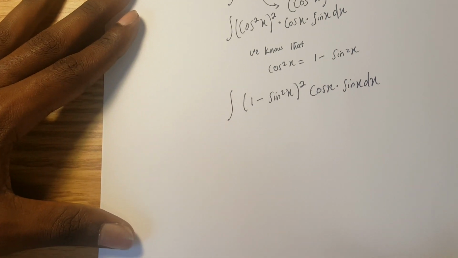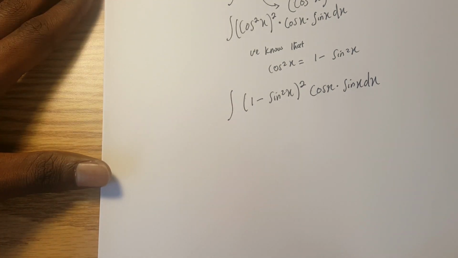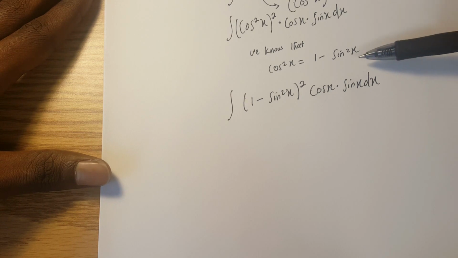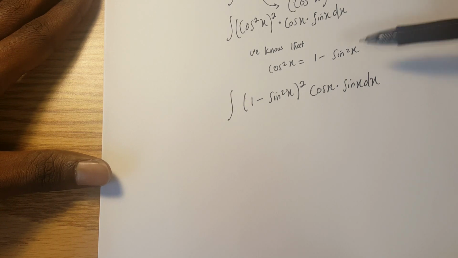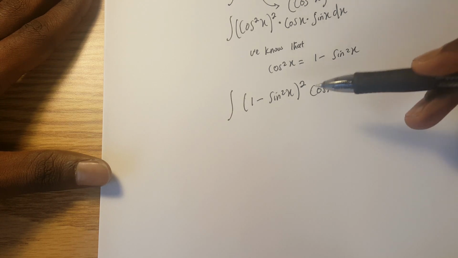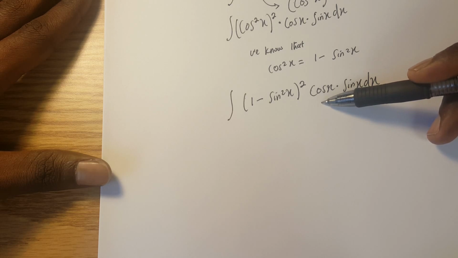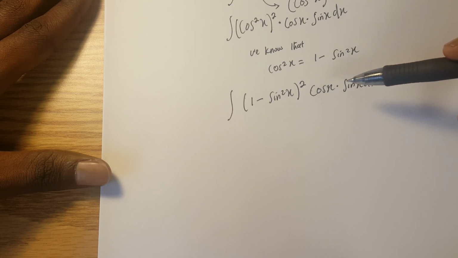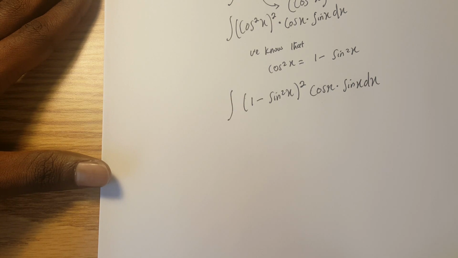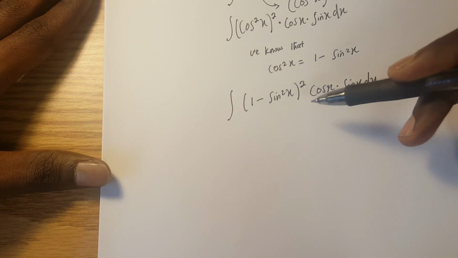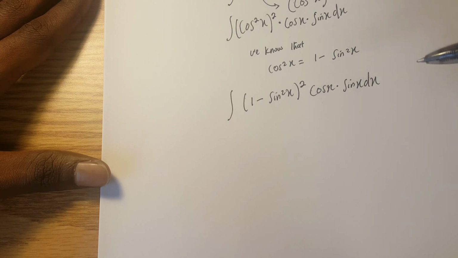So at this point, we will go ahead and do our u substitution. Usually we let our u be equal to what we substituted for. So we will let u be equal to sine x, because if you differentiate sine x, we get cosine x, and that is the rule for u substitution. If you can see the differential of one of the terms in the problem, then you go ahead and do a u substitution.